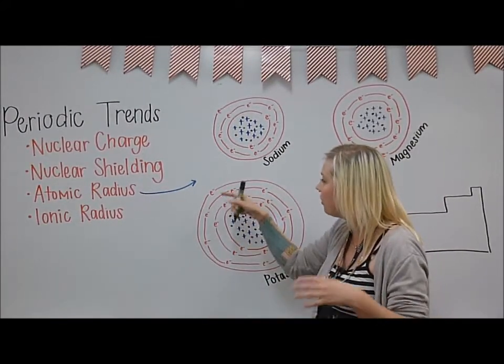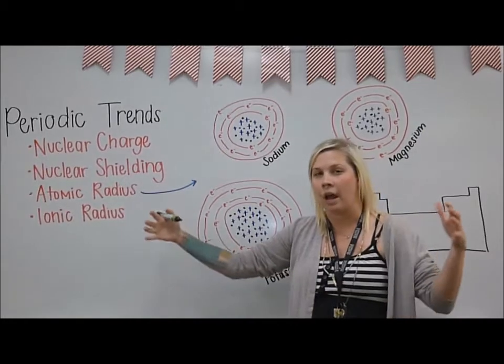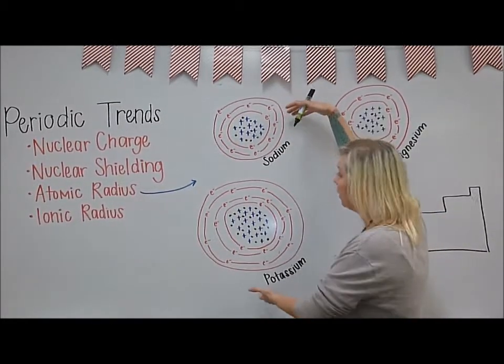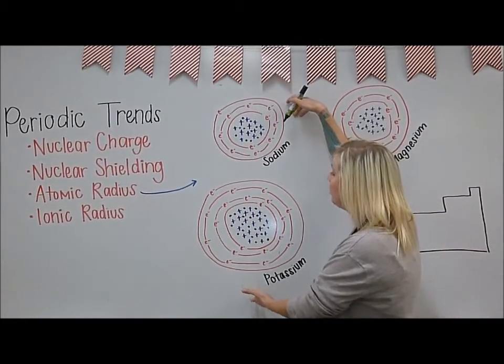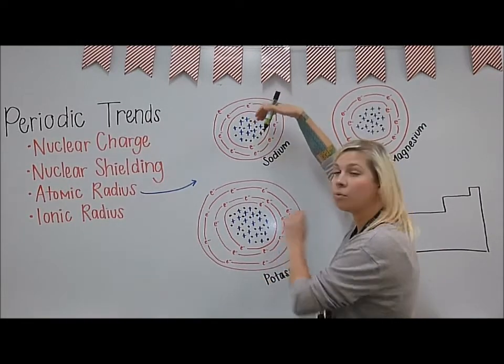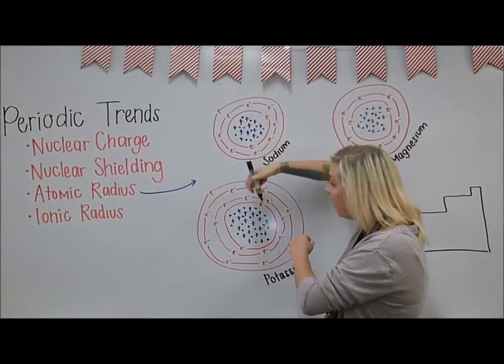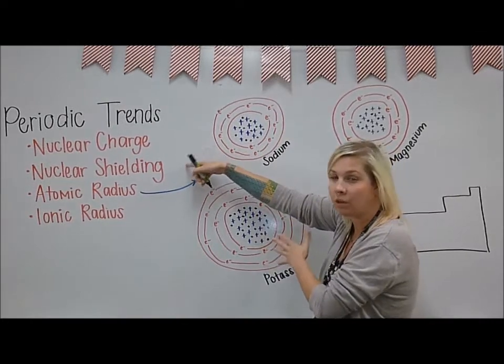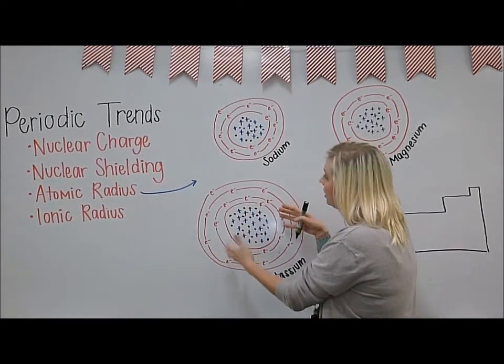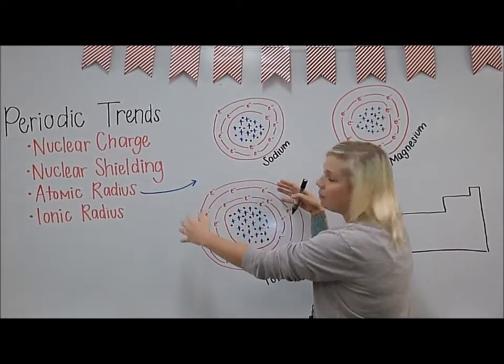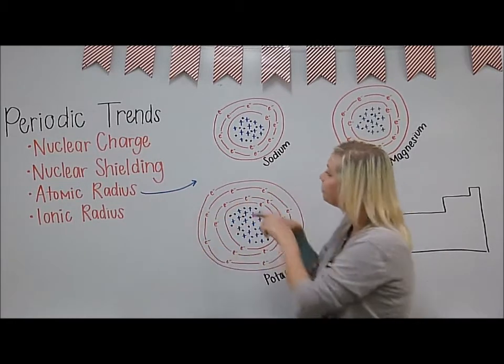So the more energy levels we have, the further out our atom is going to get. And you can kind of see that just by looking at this picture here. So nuclear charge doesn't play a role when we're looking at the group going down. It's nuclear shielding, okay? So because we have more electrons in the center here, more energy levels as a buffer, we have a bigger atom.